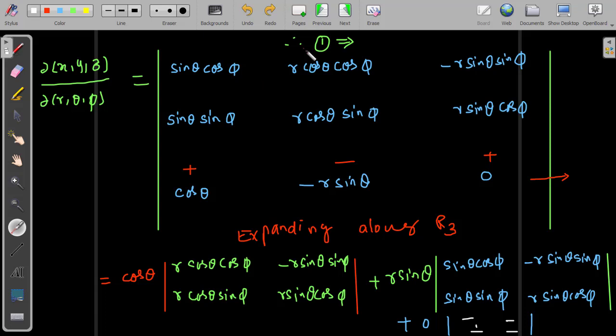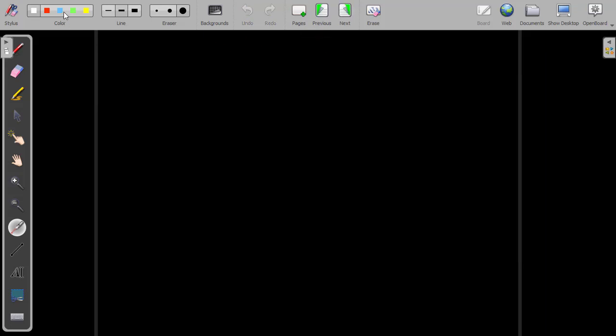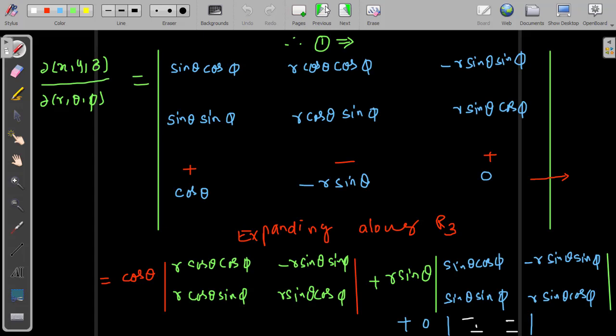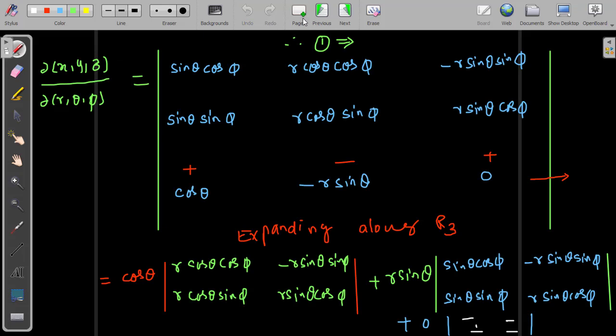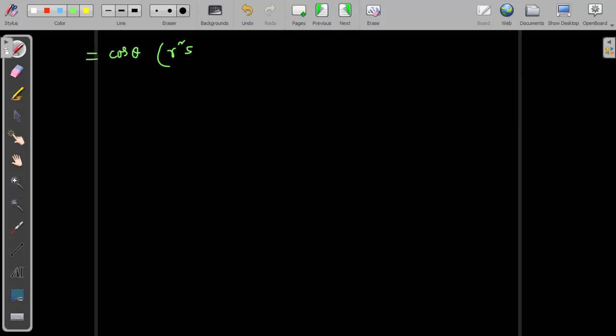First, I will take a new page. Outside we have already cosine theta, so I'm writing here: this is equal to, from the previous page, cosine theta only outside. I will open the bracket. The first element is r square sin theta cosine theta multiplied with cosine square of angle phi.